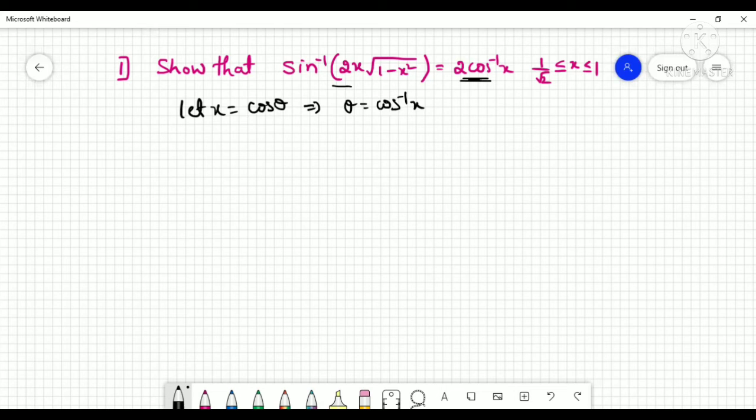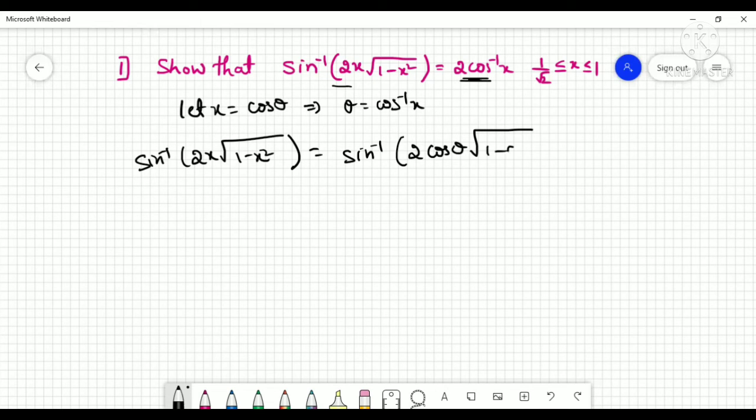cos inverse x. Now I will take LHS: sine inverse 2x into root (1 minus x square). I will fill in the value of x: sine inverse 2 cos theta root (1 minus cos square theta). 1 minus cos square theta, what can we write? Sine square theta. Now the square root gets cancelled.